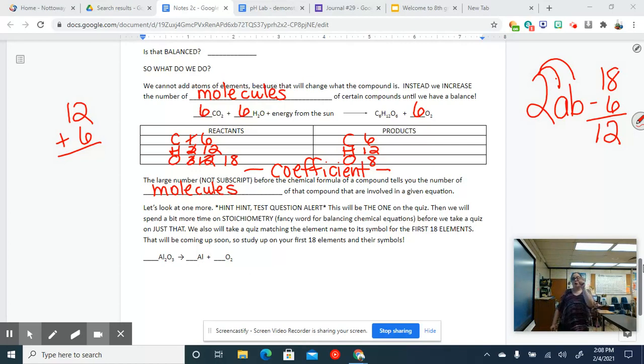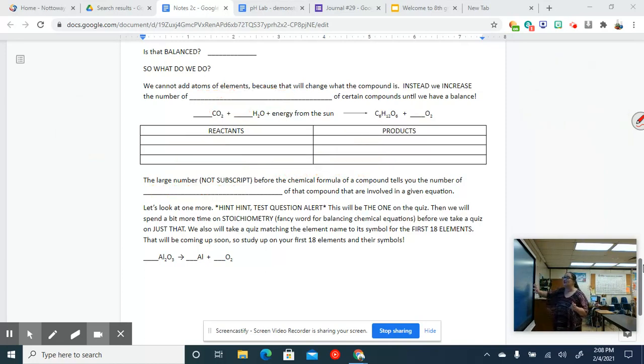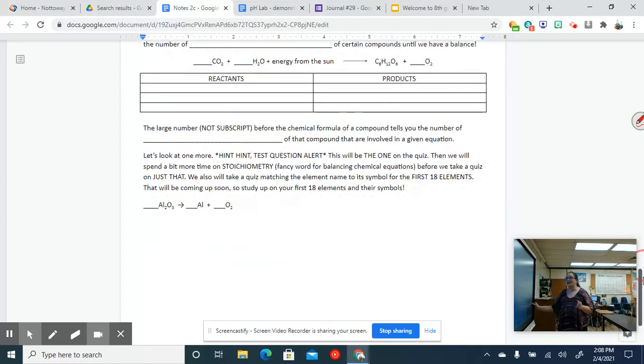All right, we're going to look at one more. Hint, hint, test question alert, okay? This will be the one that's on the next quick quiz. Then we're going to spend some time on stoichiometry, which is what this is, balancing chemical equations. We're going to spend some serious time balancing chemical equations, and then we'll have a balancing chemical equations quiz.